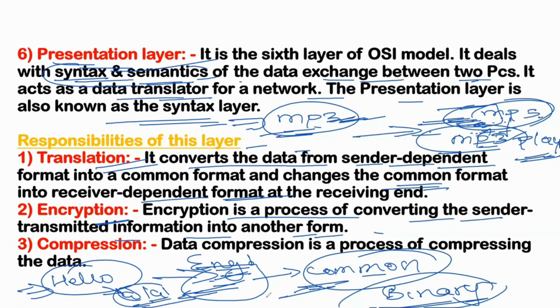Suppose you use Windows or any application to send data over the network. If you have heard about remote connection, for remote connection we have two types of protocol: the telnet protocol and the SSH protocol. Telnet sends the data in normal format, and SSH encrypts the data.